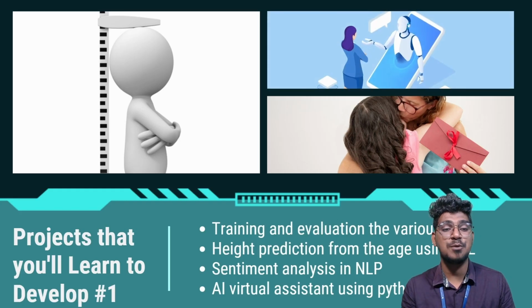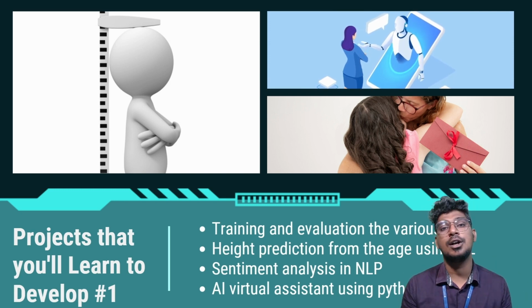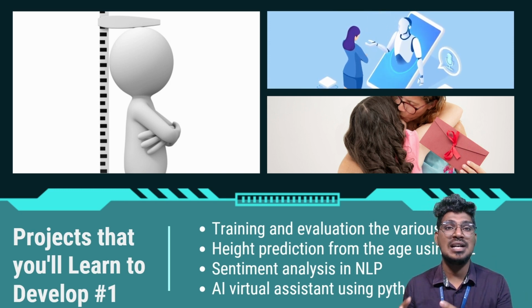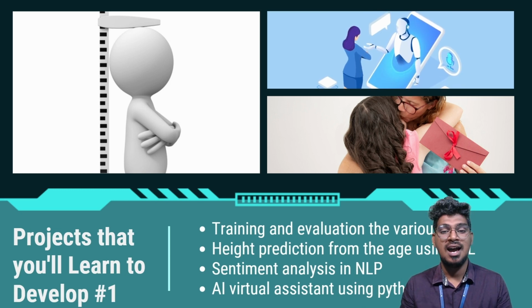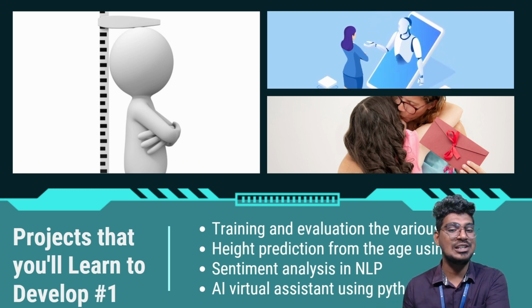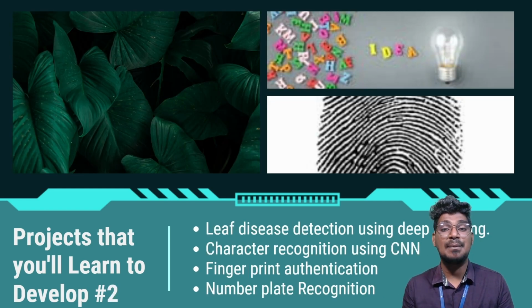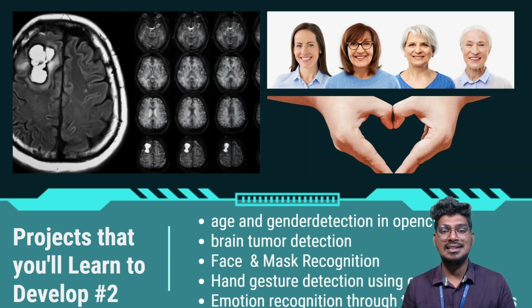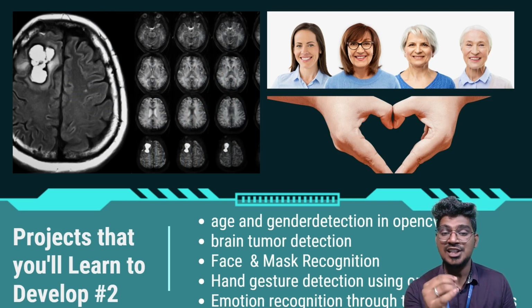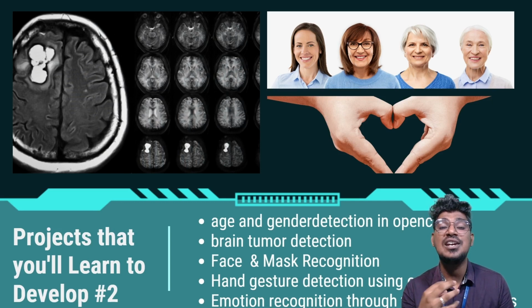So what is the process I am going to discuss with you? How to create a model, and how to train and evaluate various machine learning models, weight prediction based on height and gender, sentiment analysis using NLP, an AI virtual assistant using Python, leaf disease detection using deep learning, character recognition using convolutional neural networks, fingerprint authentication, number plate recognition, age and gender detection, brain tumor detection, face mask recognition, hand gesture detection, and emotion recognition through facial expression.